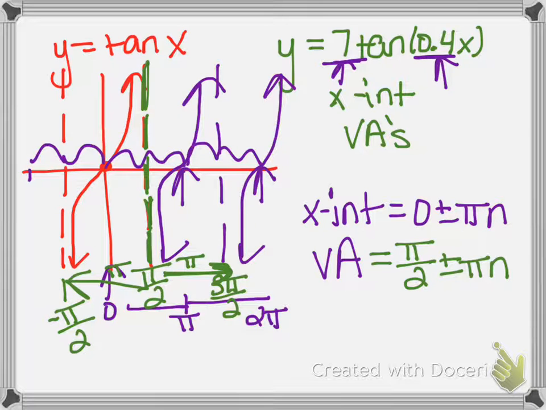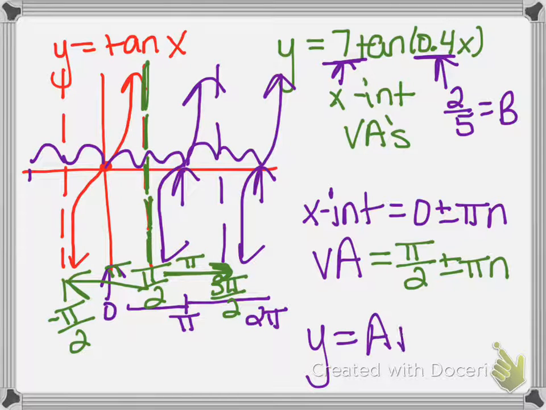It's going to be your horizontal dilation factor. And 0.4 is 2/5. Okay? And it's the b value. What we have been given is an equation of the format y equals a times tangent of bx.